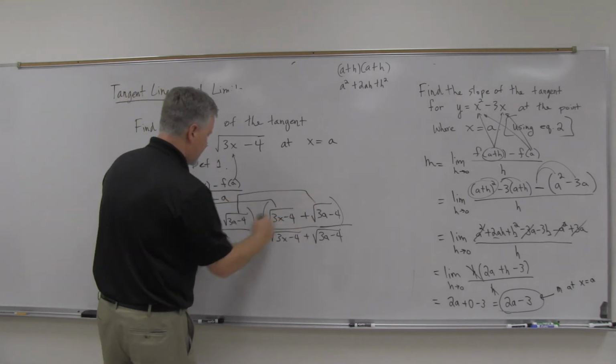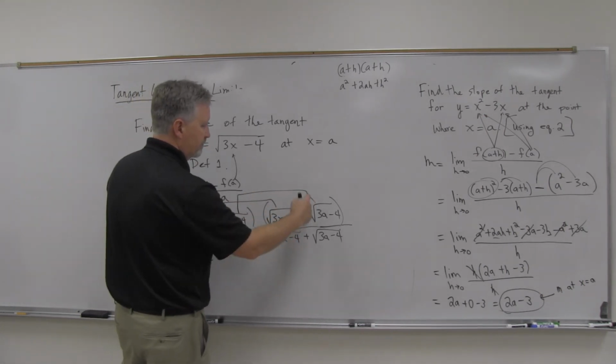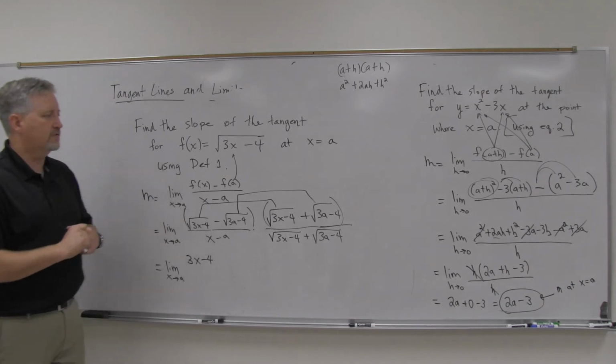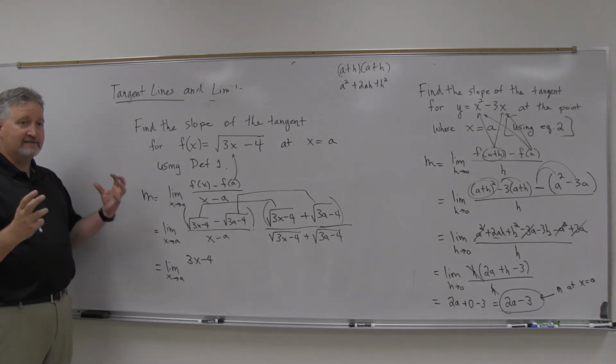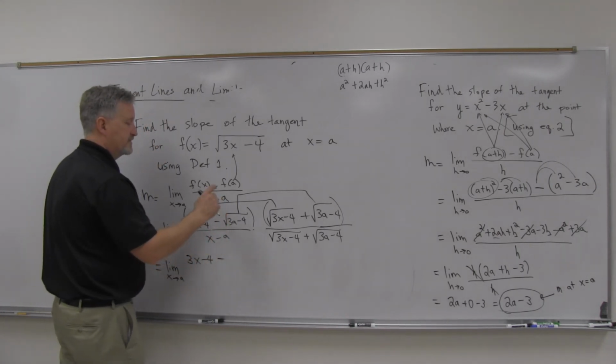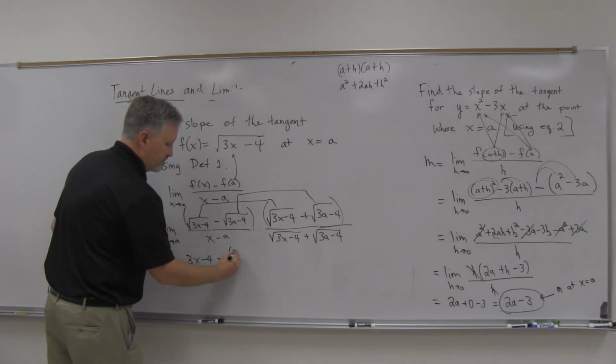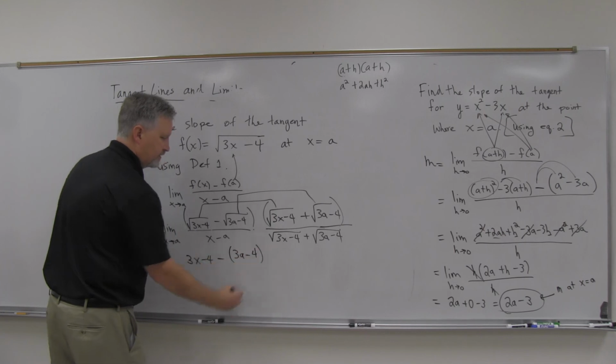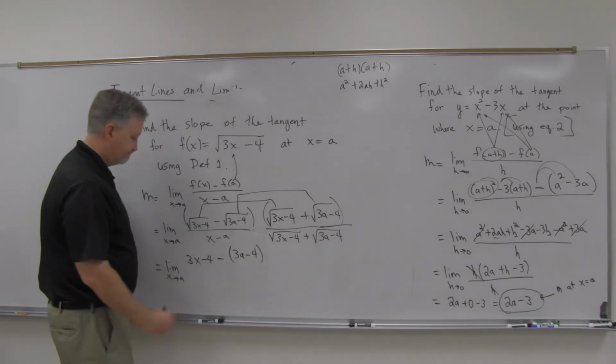Then the minus square root of 3a minus 4 times the plus square root of 3a minus 4: again the square roots cancel. You have to be careful though, it's going to be a minus of 3a minus 4 without the square root there.